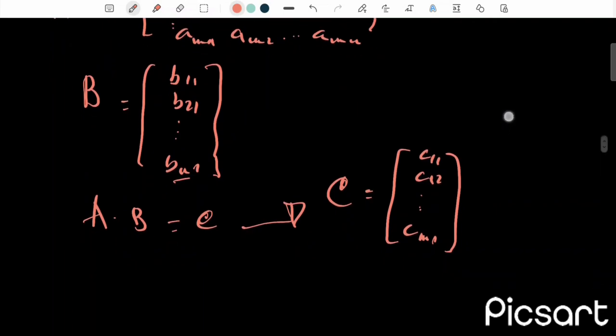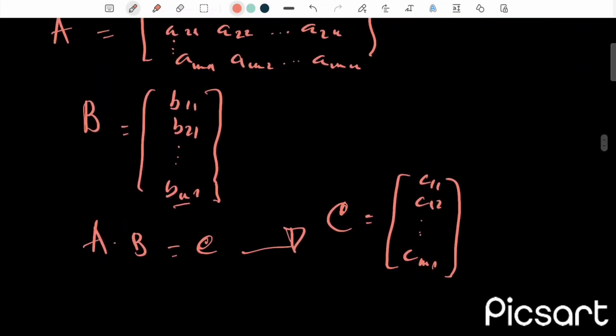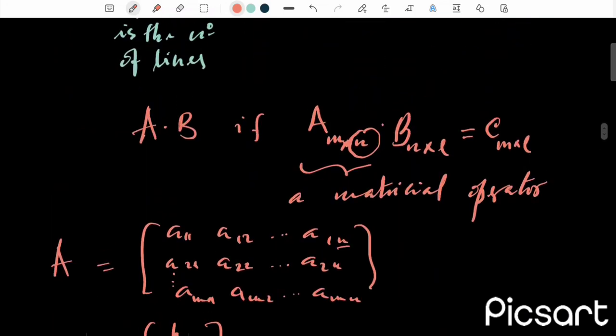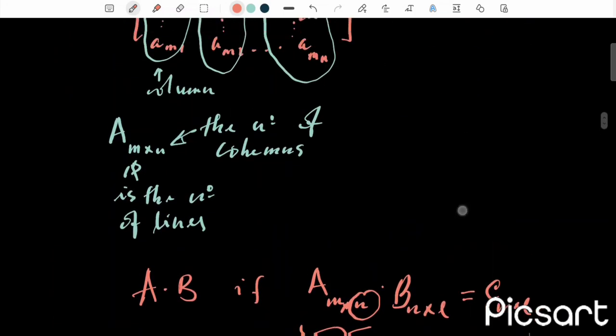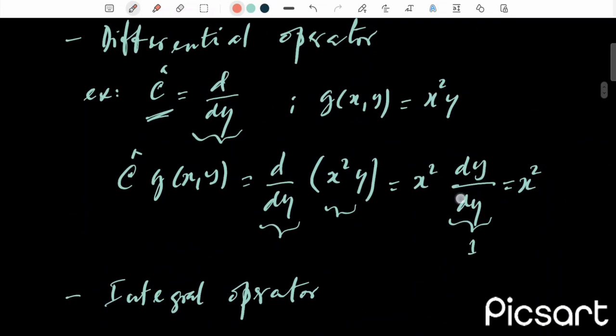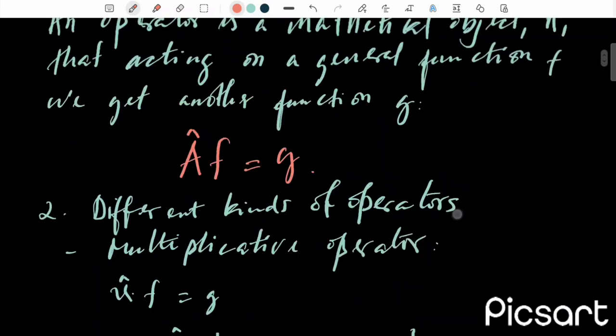This is an example of a matricial operator.